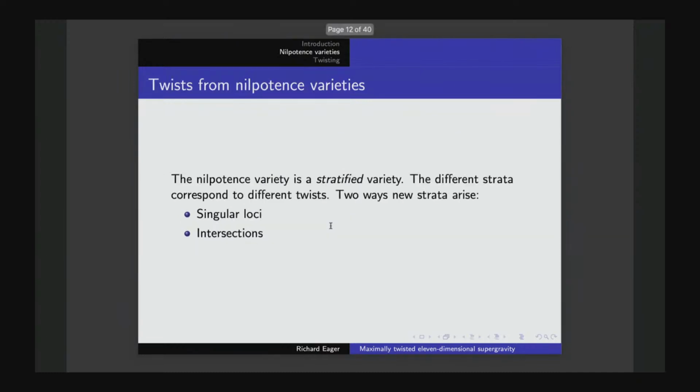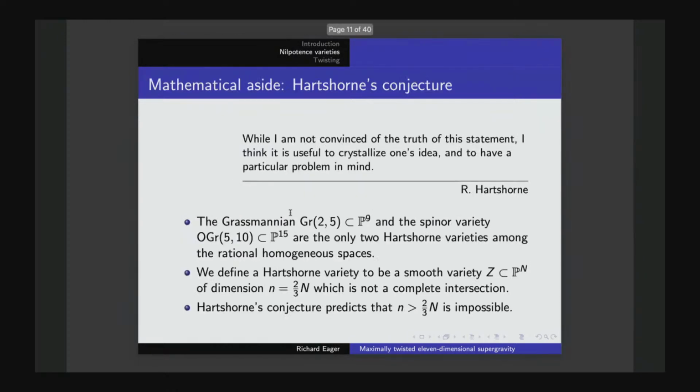So, Richard, by impossible, you mean larger dimension is a complete intersection? Is that what's impossible? Well, you can have complete intersections in any. Sorry, can you repeat the question? What's Hartshorne's conjecture?